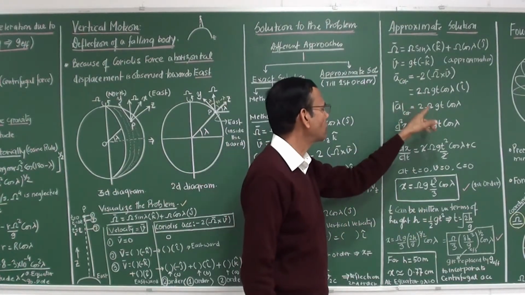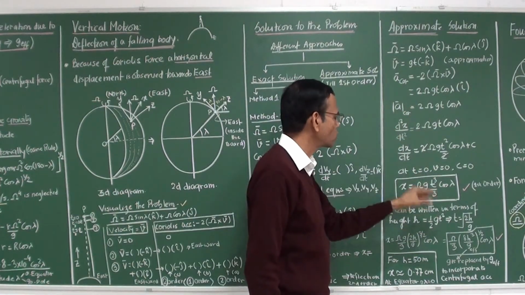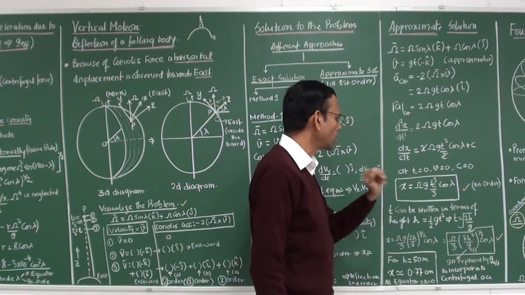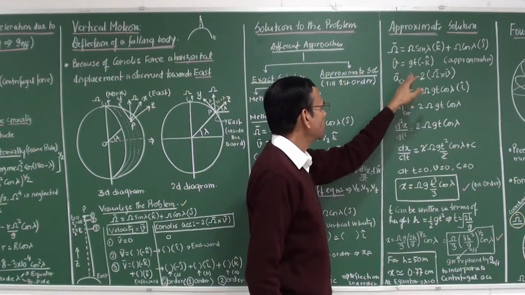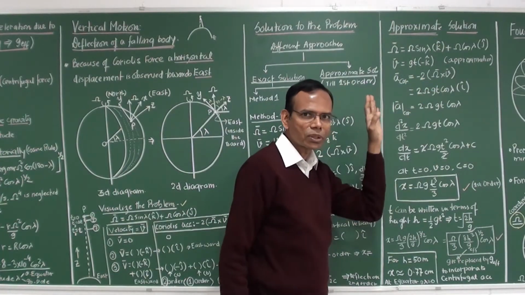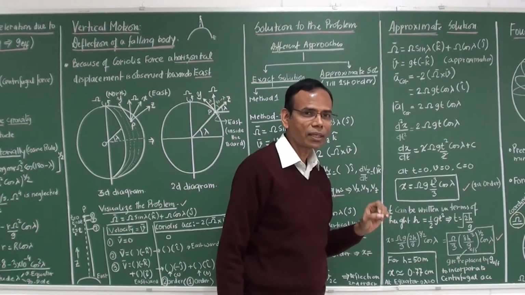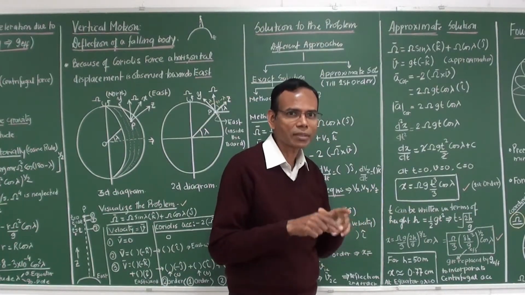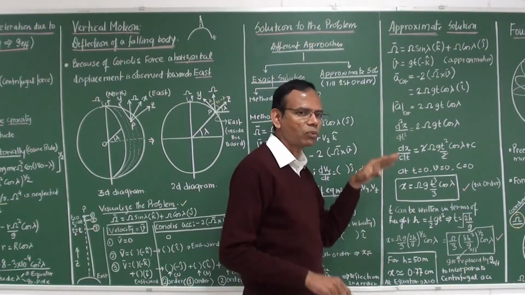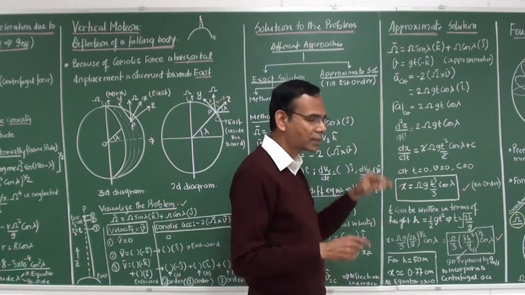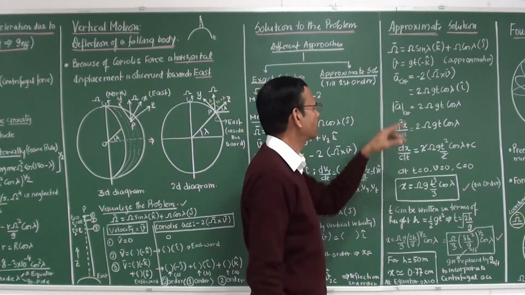Otherwise, everywhere we have to write g effective. So first of all, let us do the calculation. At the end, we will write g effective. Second, here again we are doing an approximation because straight away we are taking gt. But we have seen that it is not gt. In the second order, something else will come. But presently we are going only in the first order and see how much the deflection is.